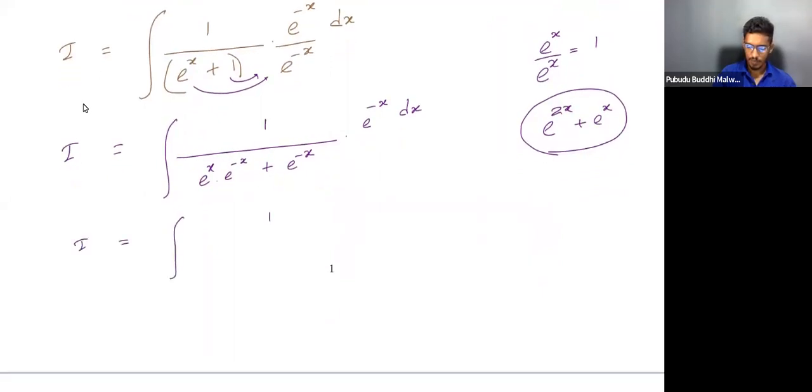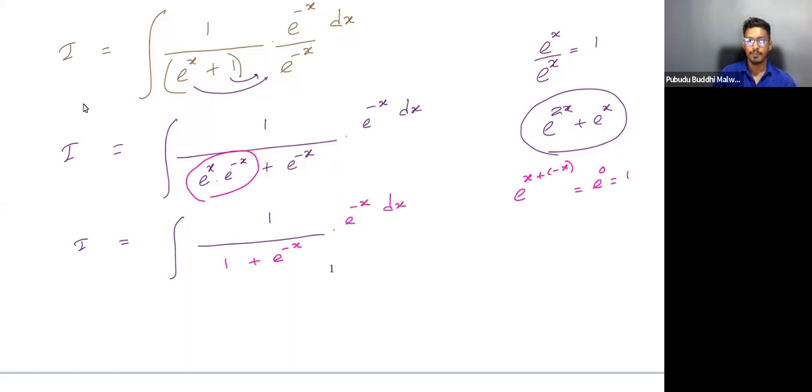Now, we can simplify this part very easily. We can add the powers x plus minus x, that's 0. So exponential 0, that is 1. So 1 plus exponential minus x, times exponential minus x dx.